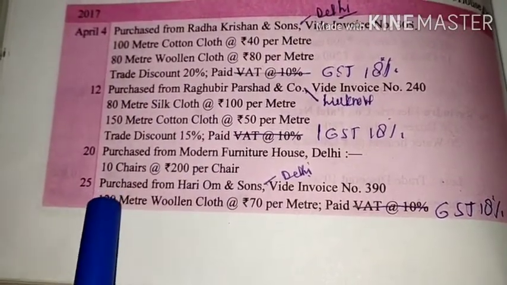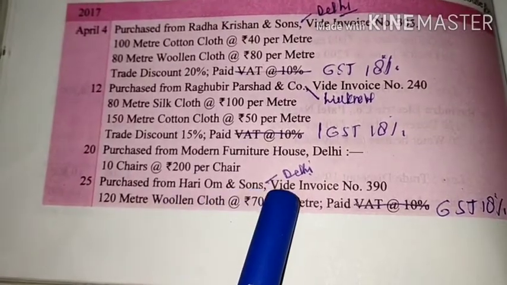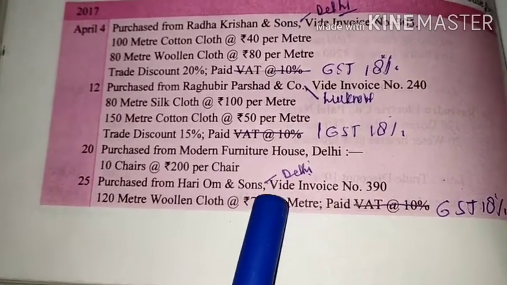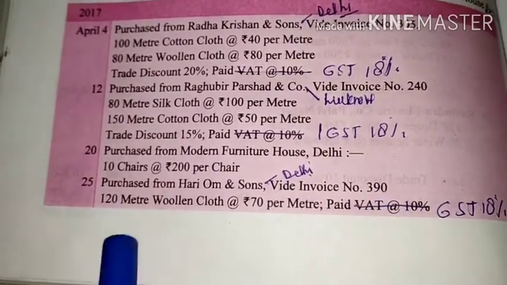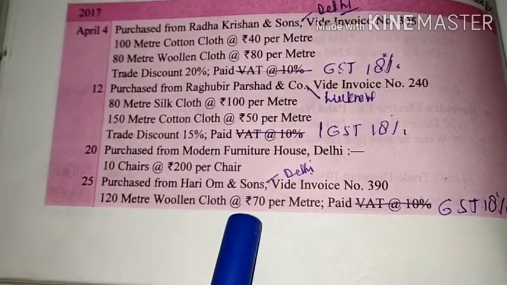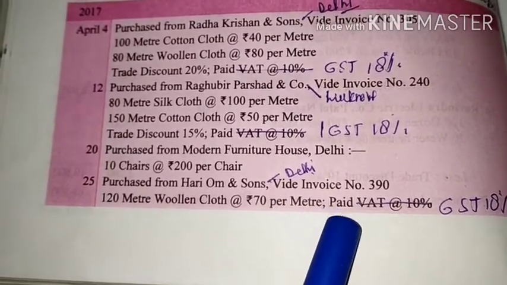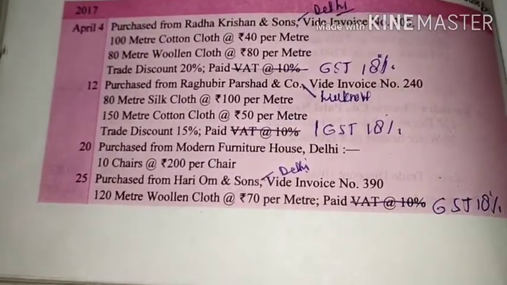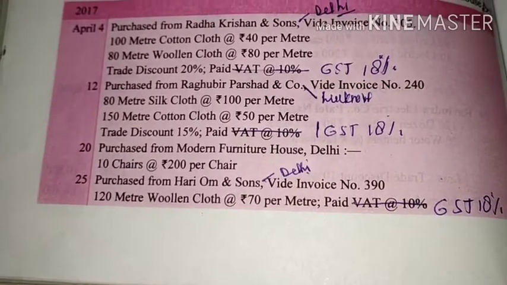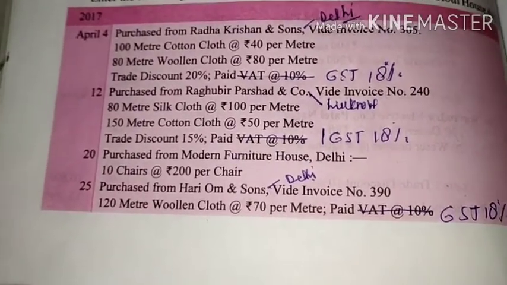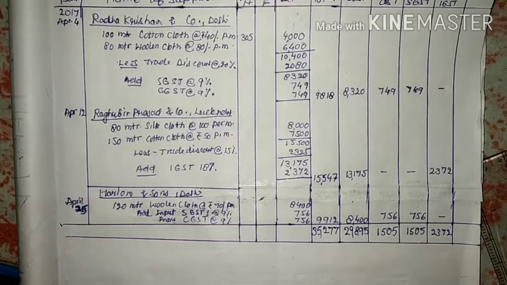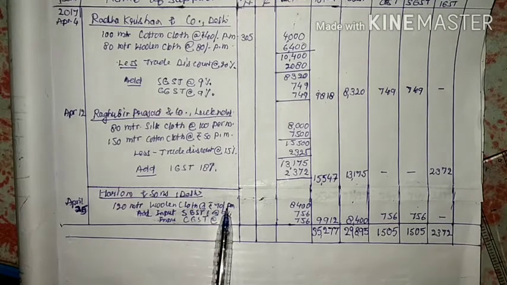Now on 25th, purchase from Hariom and Sons, Delhi, vide invoice number 390, 120 meter of woolen cloth at the rate of 70 per meter, and paid GST 18%. So this we have to enter. Okay. So Hariom and Sons, Delhi, 120 meter woolen cloth at the rate of 70 per meter.